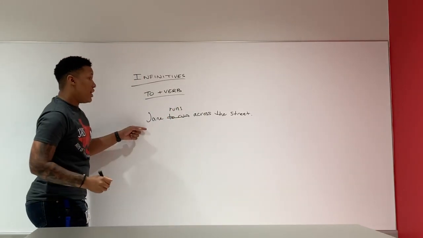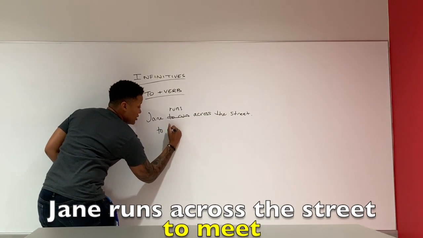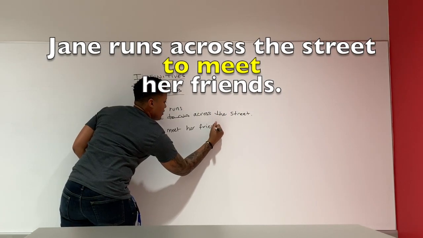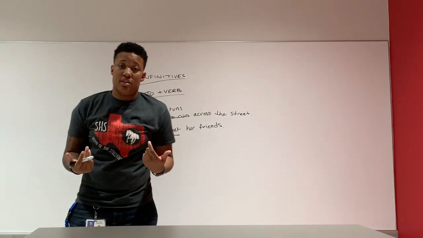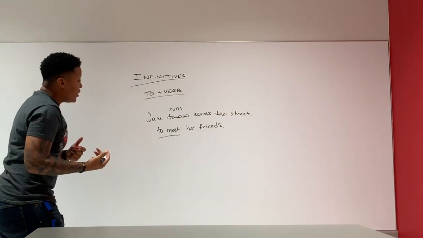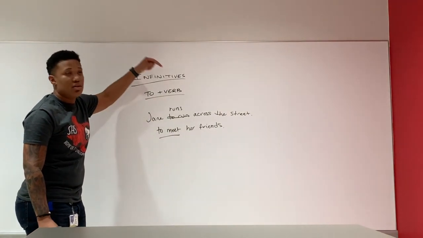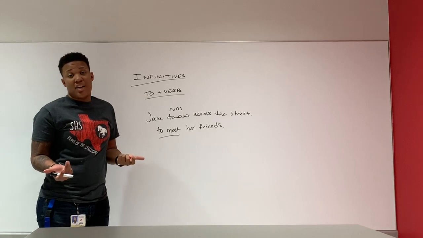But you could say Jane runs across the street to meet her friends. And this to meet right here is going to be your infinitive. So think about it as whenever you have the word to plus a verb, that's going to be your infinitive, as long as it's in this normal verb form, and that's really about as complicated as it is.